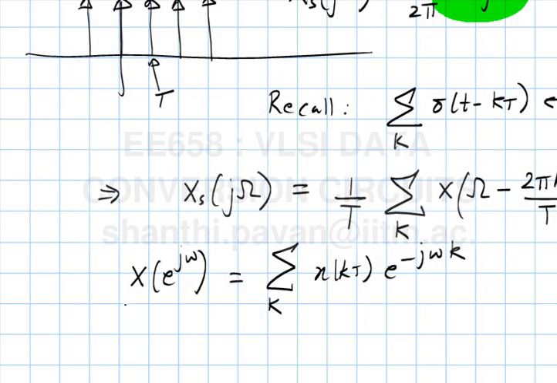So this is what we want to find. That's the discrete time Fourier transform of the sample sequence in terms of capital omega. That's what we are after.